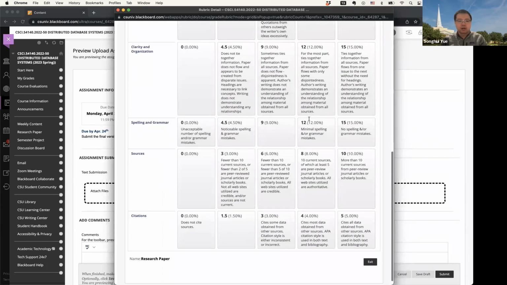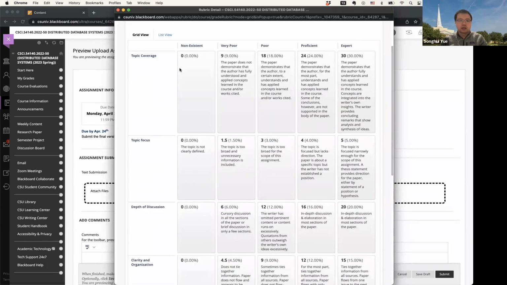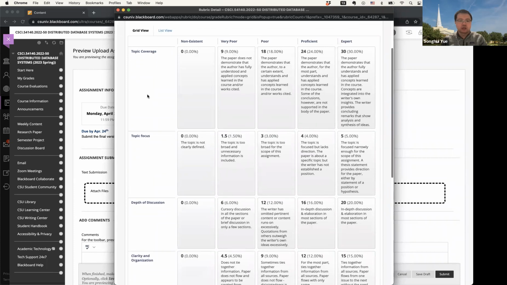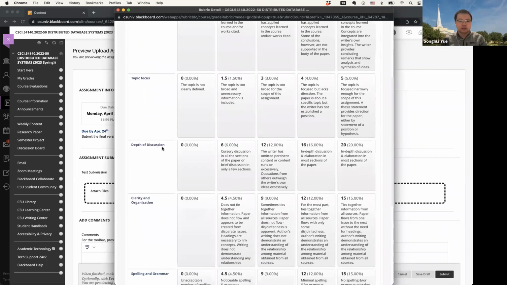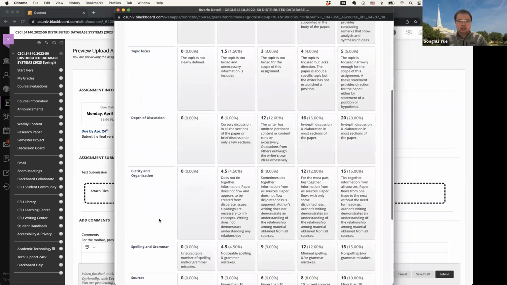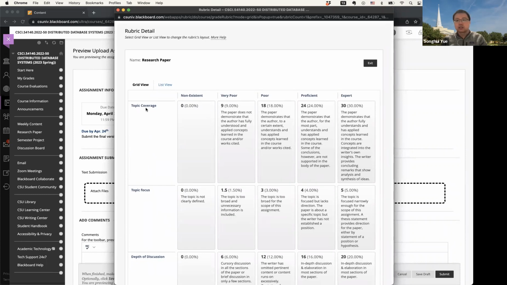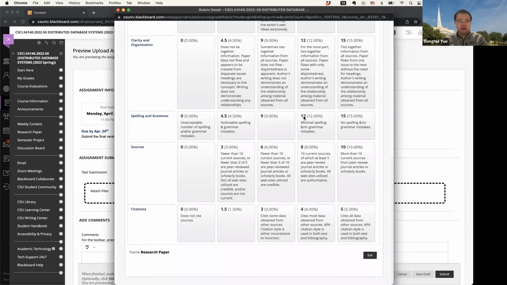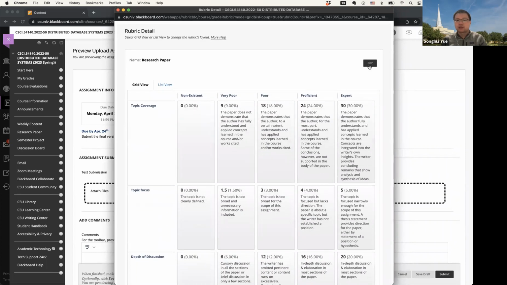For this one, the categories are topic coverage, topic focus, and depth of discussion, clarity and organization, and spelling and grammar, sources, citations. So the research paper will be graded based on these categories and different levels. So just make sure that you double check those rubrics.